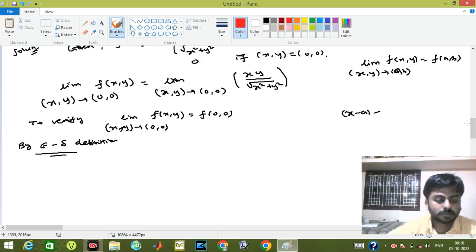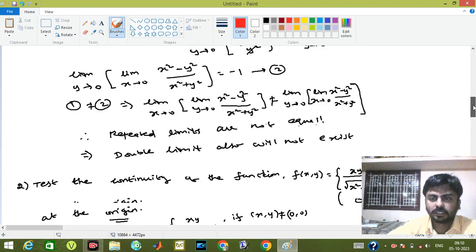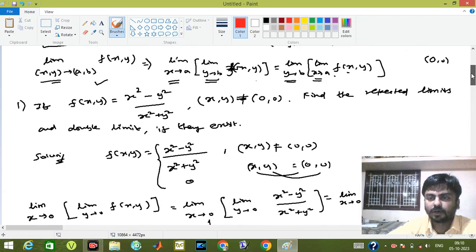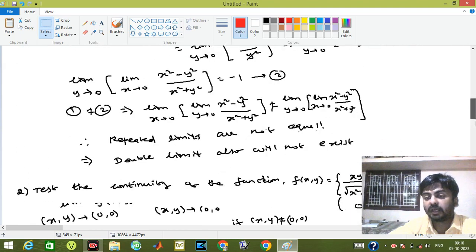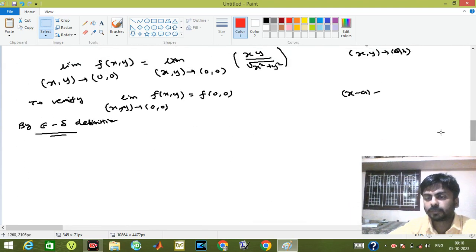Dear students, see here what is given. I shall copy it for your ease. The modulus of (x, y) minus (a, b) is less than delta. I think I have given one more definition also, so it is also possible to write it like this.